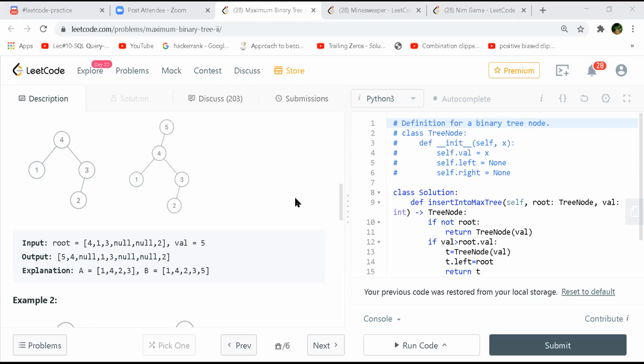The example looks like that, but the problem doesn't say so. When you pick the maximum one, the left subtree could have another maximum. There's no guarantee that the max of the left subtree will be smaller than the max of the right subtree.